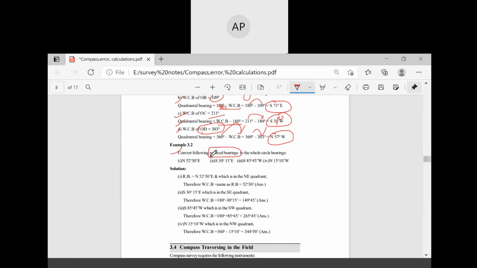Can you tell me? What do you mean by reduced bearing? Last class I have discussed. Reduced bearing means quadrantal bearing. Okay? Where the angle lies from this quadrant, this quadrant, this quadrant. Okay? That is your reduced bearing. So you have to convert reduced bearing angles to whole circle bearings. How?